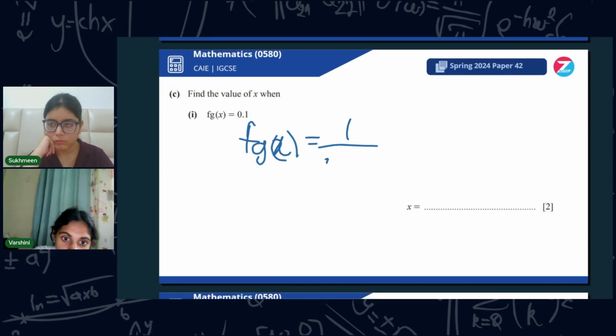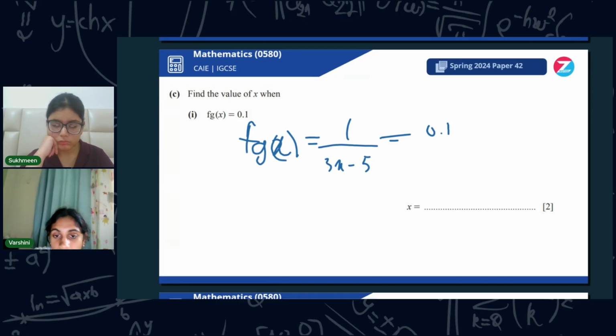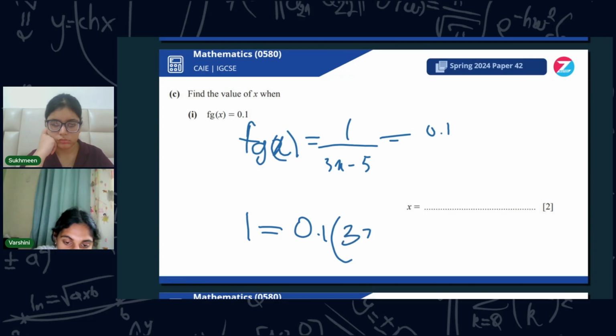So that'll be 1 by 3x minus 5. And we know this full thing is going to be equal to 0.1. So now all we need to do is move this 3x minus 5 to the numerator by multiplying both sides by 3x minus 5. So we'll get 1 equals 0.1 into 3x minus 5.